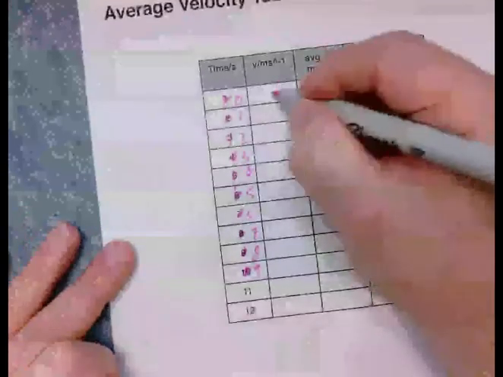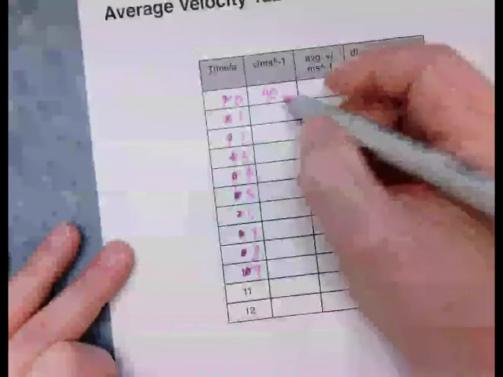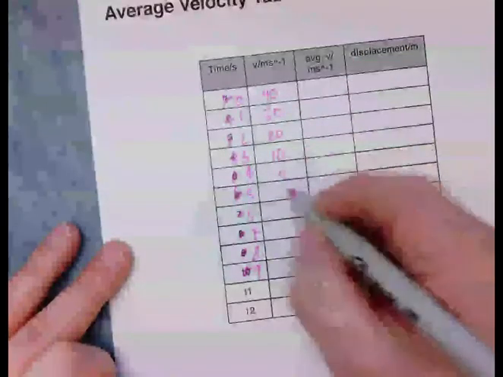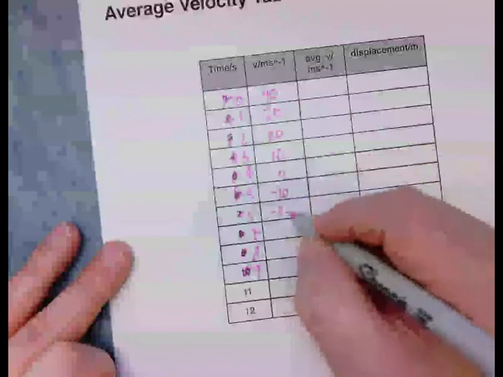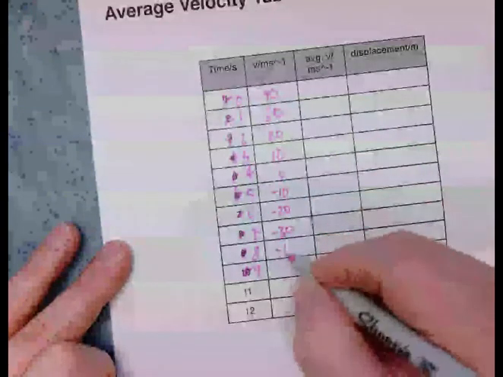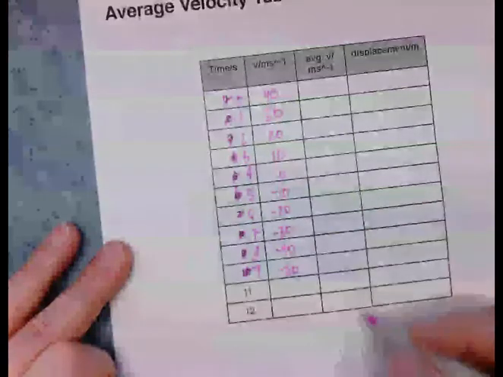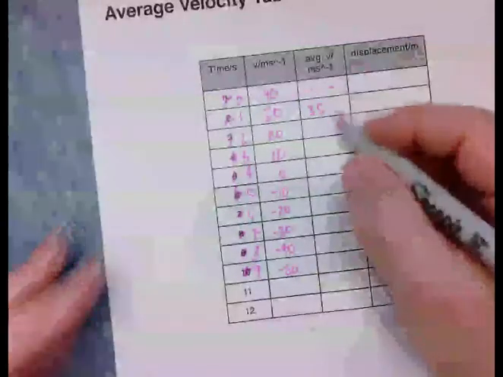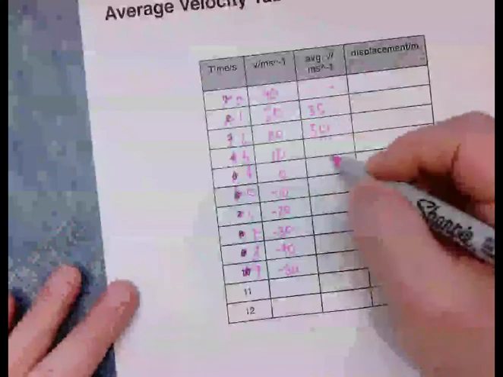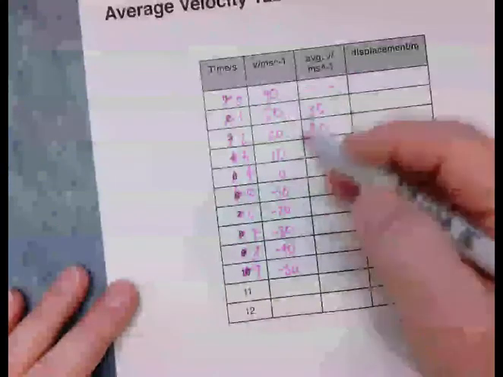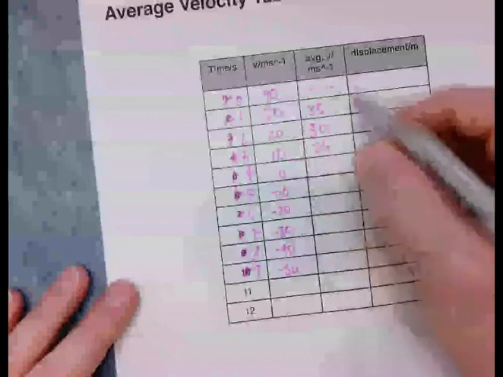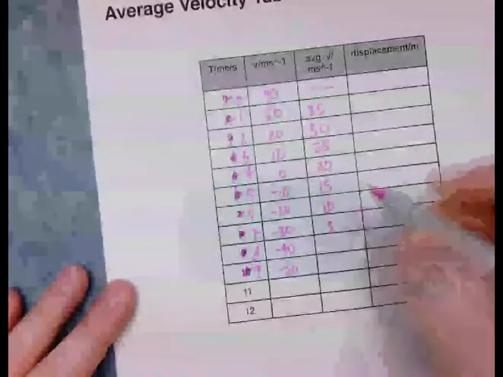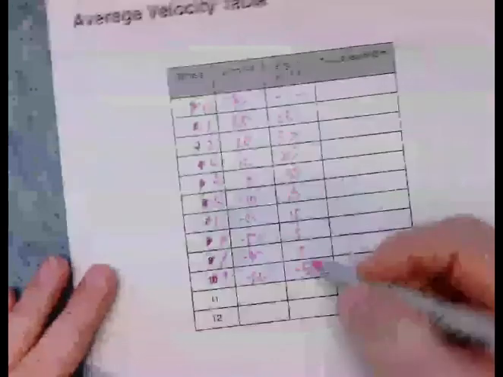So we have our velocity, which is 40, and it decreases 30, 20, 10, 0, negative 10, negative 20, negative 30, negative 40, negative 50. The average velocity at this point is 35, and then 30 plus 20 is 50, divided by 2 is 25. We can see it's decreasing by 5, so 20, 15, 10, 5, 0, minus 5.